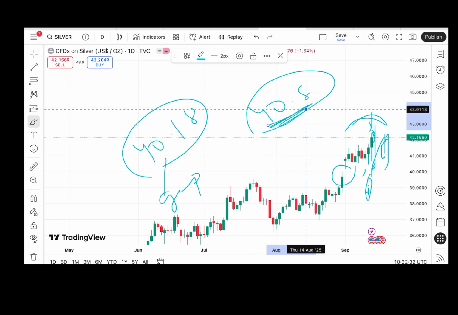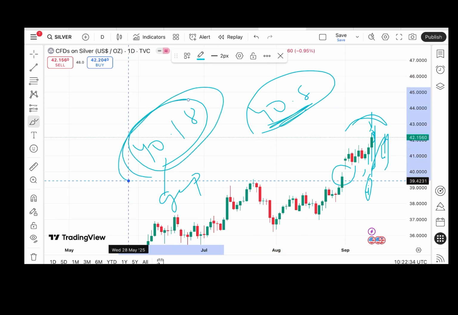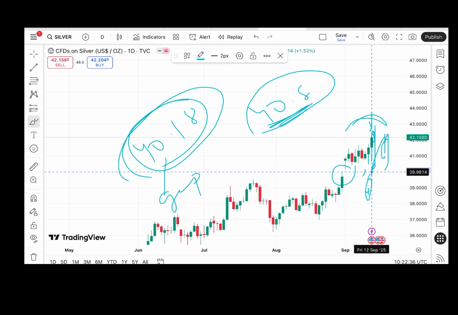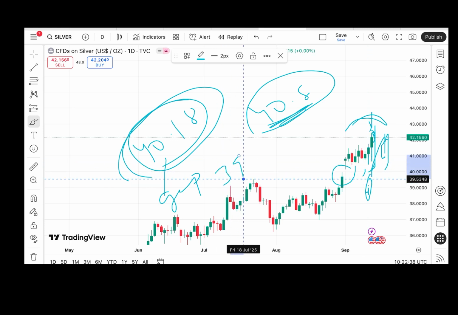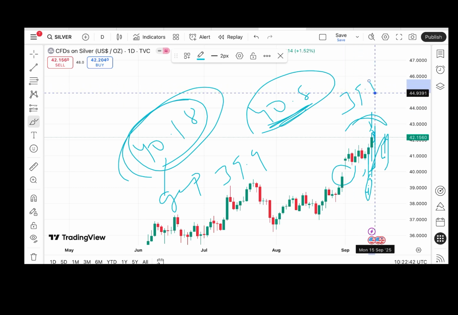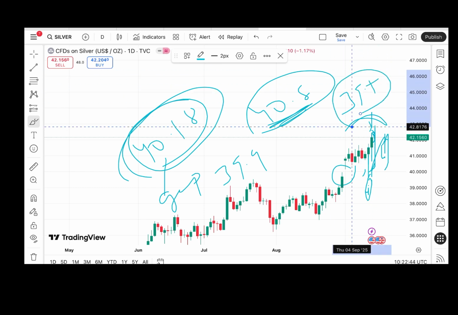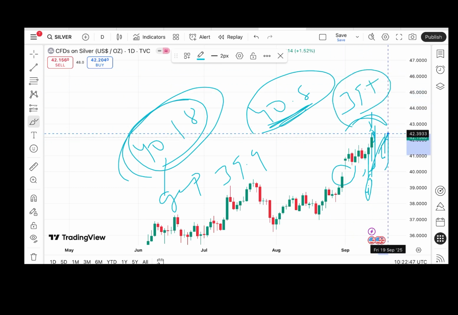If it starts falling below this level, chances of touching this level can be seen, but if it goes below that level, we can see a level of $39.9, and if the price falls below that level, we can see a level of 39.5. But if it starts moving up, it can touch around 42.5, and then a further upside can be seen.